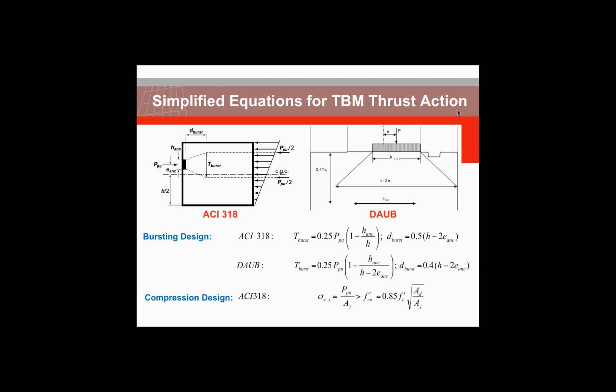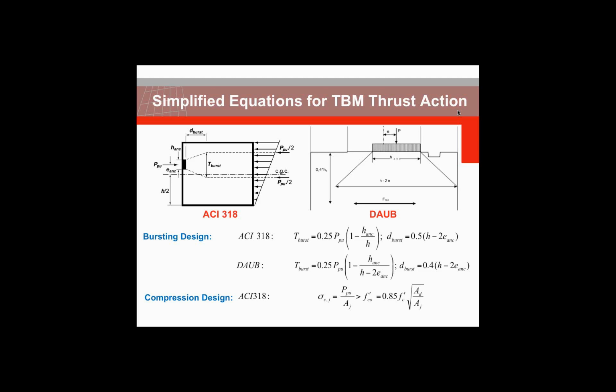Let's start with simplified equations for TBM thrust action using ACI or DAUB formulation. The ACI 318 formulation for post-tension anchorage zones can be used here for simulation of bursting forces. The German tunneling committee, referred to as DAUB, similar to ACI, recommends a simplified equation that is shown in this slide.